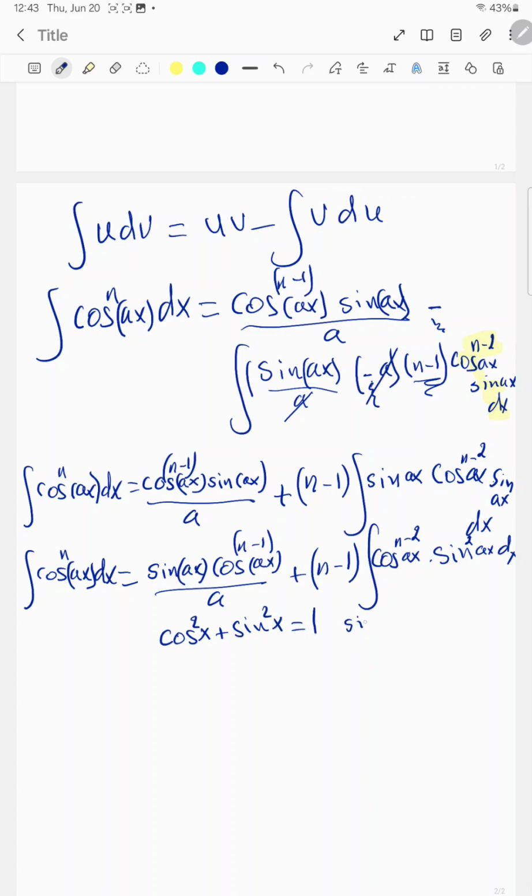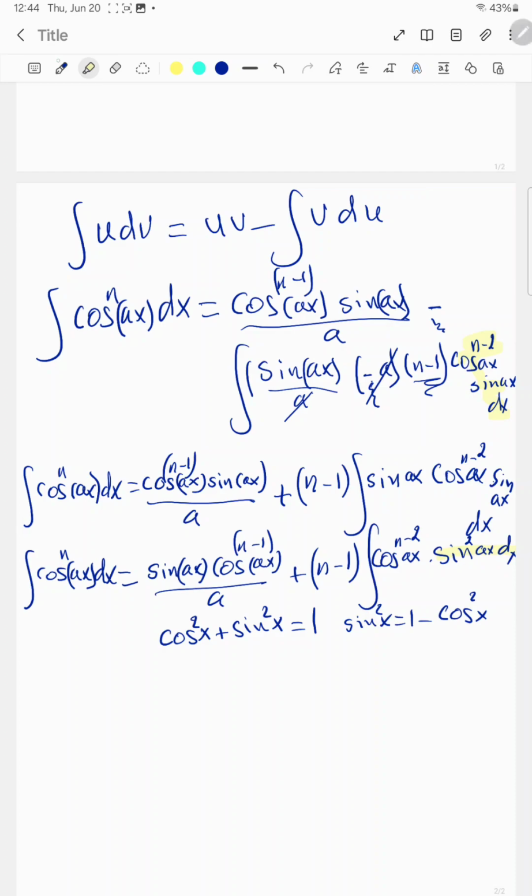So that means sine square of x is equal to 1 minus cosine square of x. And I will use it in that part, but instead of x, I have ax. So sine square of ax becomes 1 minus cosine square of ax.